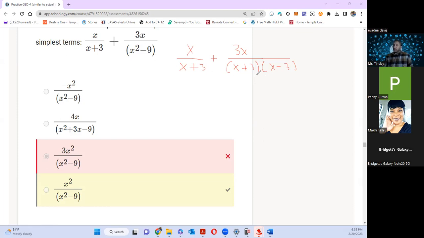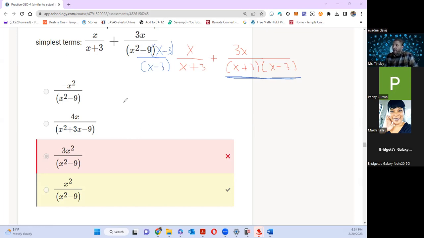Right. So since you want the denominator to look like this and they're being multiplied, you need to multiply over here by x minus 3. Now, remember the rule. Whatever you do to the bottom, you do to the top. So we multiply the left term by x minus 3 on both top and bottom.